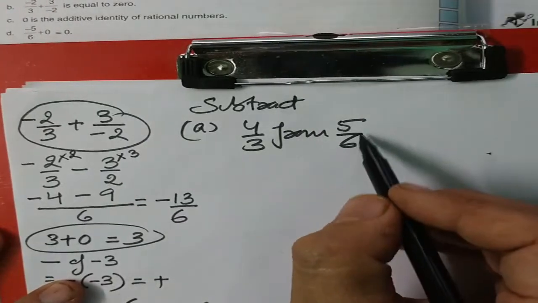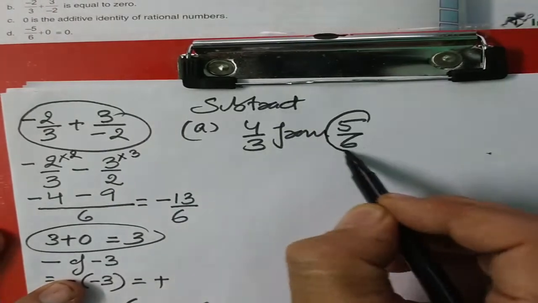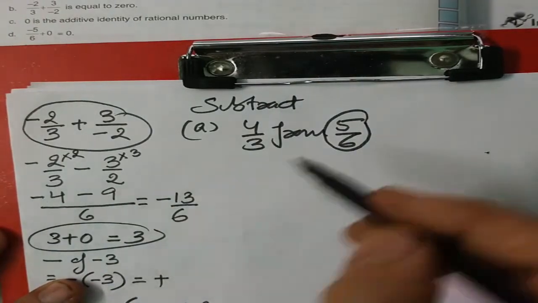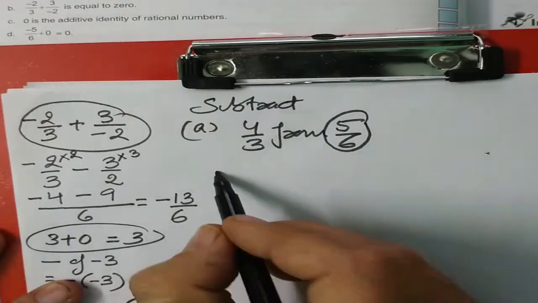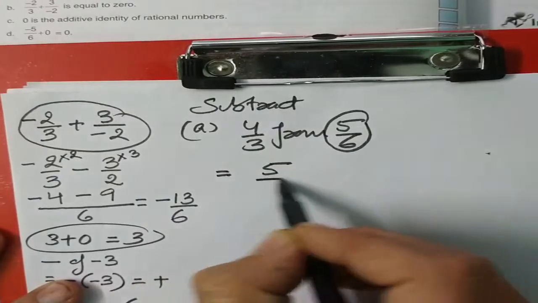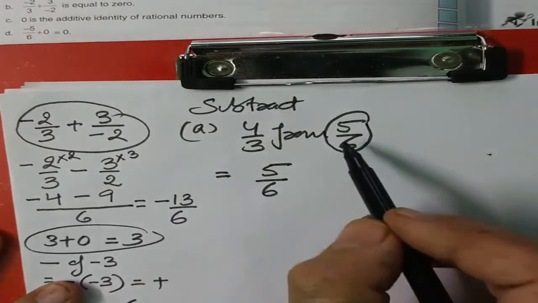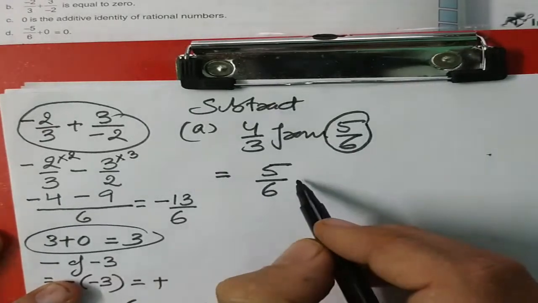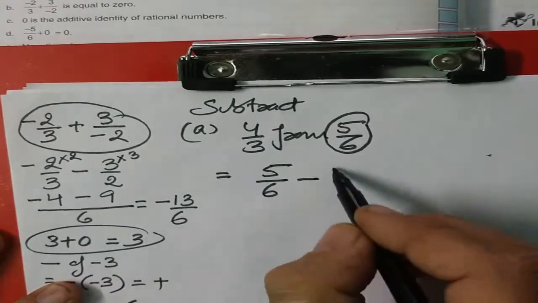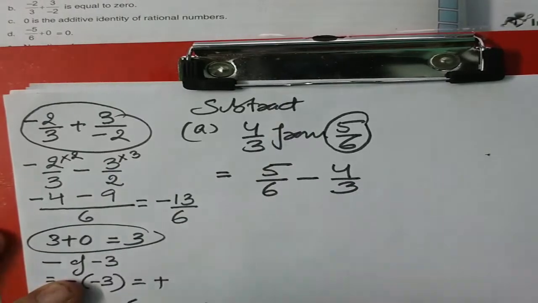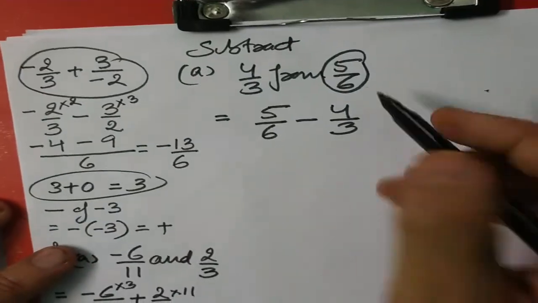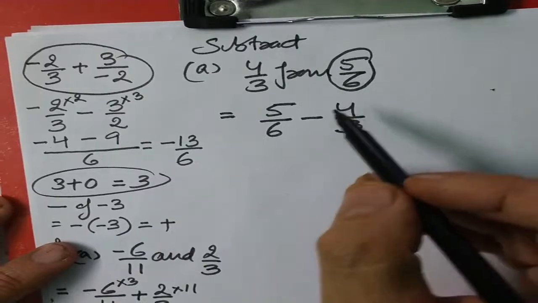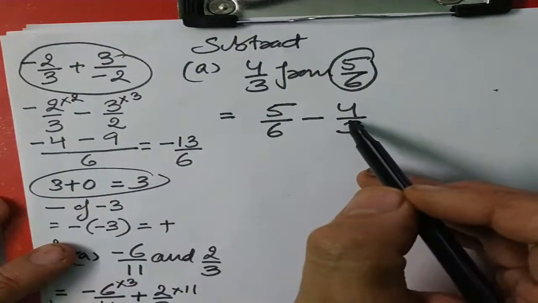From means this number will be written first. So the question will become 5 upon 6, because from this number you have to subtract this number. So 5 upon 6 will be written first, sign of subtraction, 4 upon 3. So it will become 5 upon 6 minus 4 upon 3.